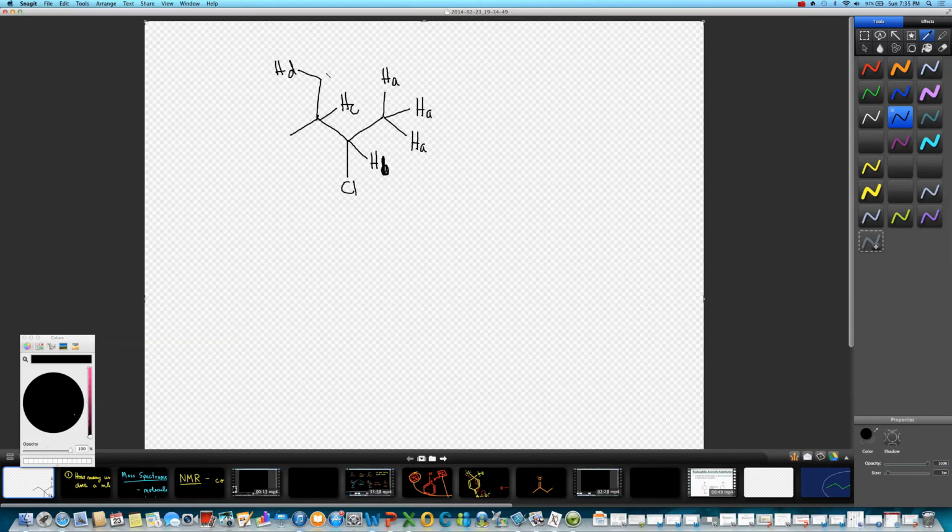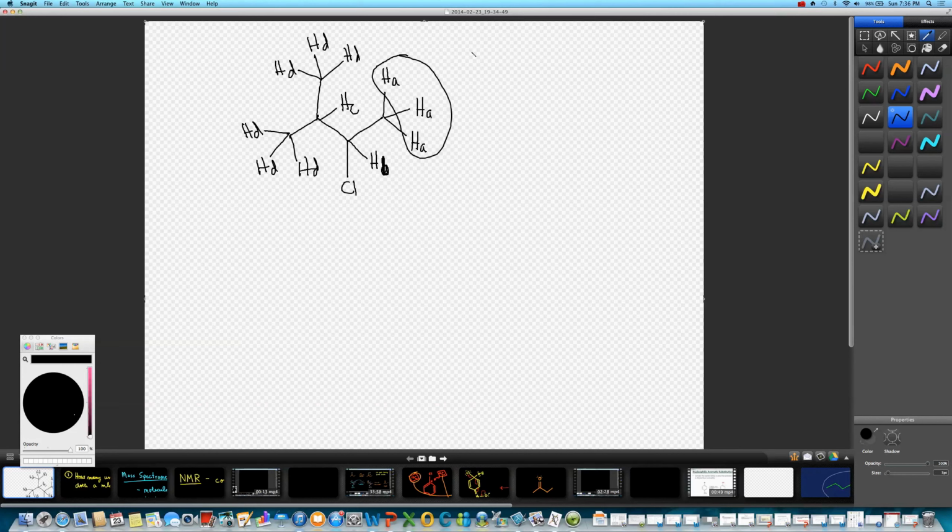And with D, I know there are 6 of them. 3 on this one, 3 on this one. And I'm going to talk about splitting in more detail on another slide, but just real quickly, all the HAs are the same.